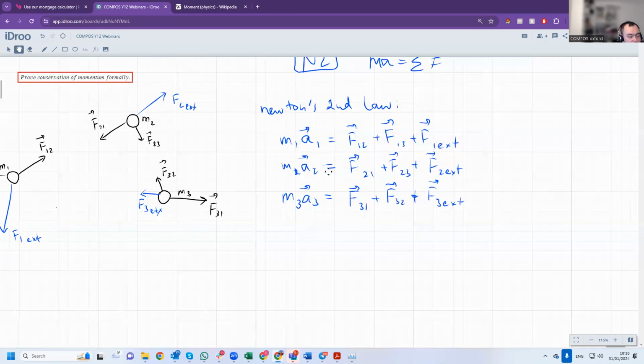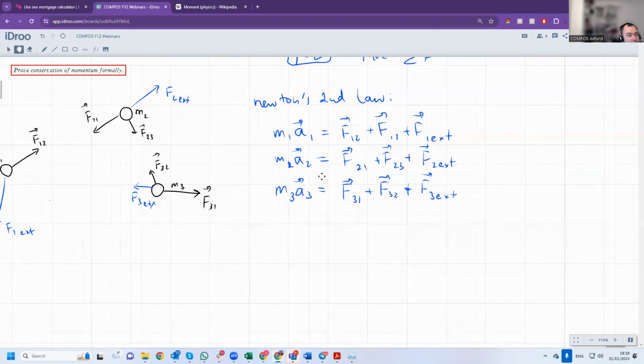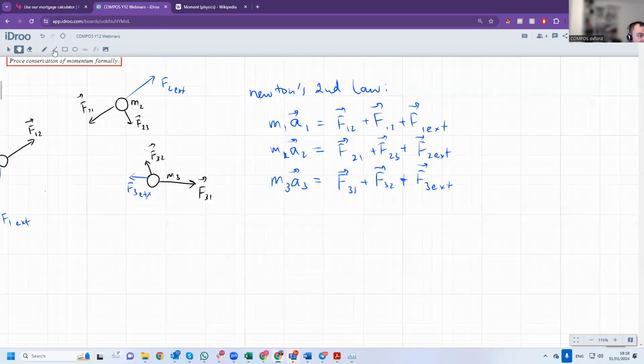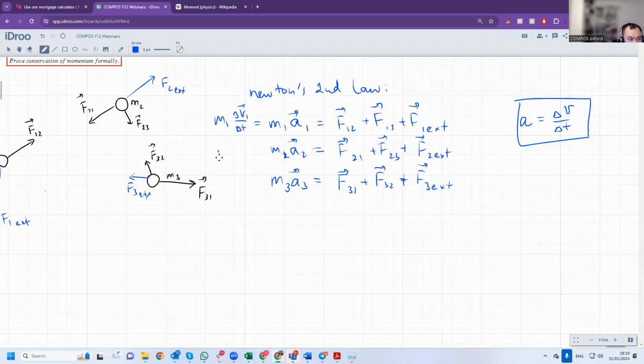Okay, so acceleration is the change in velocity divided by change in time. We all know that. So we can write this as m1 delta v1 divided by delta t, because time is the same for all three objects.